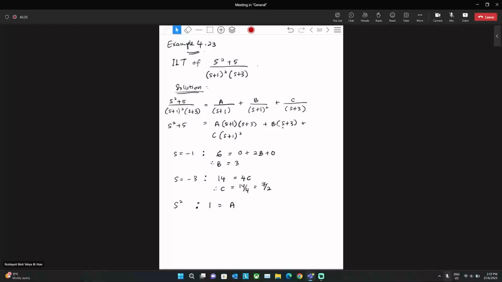So a plus c equals 1, a plus 7 over 2, so a equals negative 5 over 2.